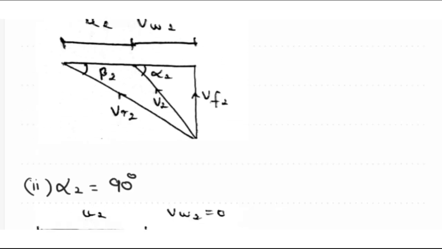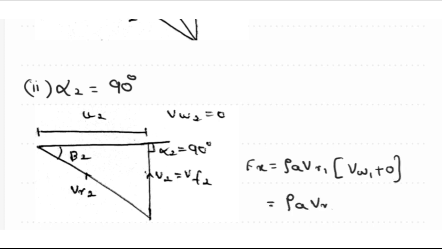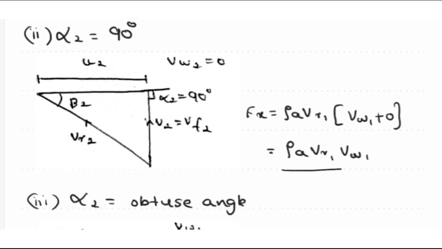So what we can write in the equation is Fx is equal to rho into A into VR1 into VW1 will be there, but VW2 is equal to 0. So we can write it as rho into A into VR1 into VW1. So this is the equation when alpha 2 is 90 degree.